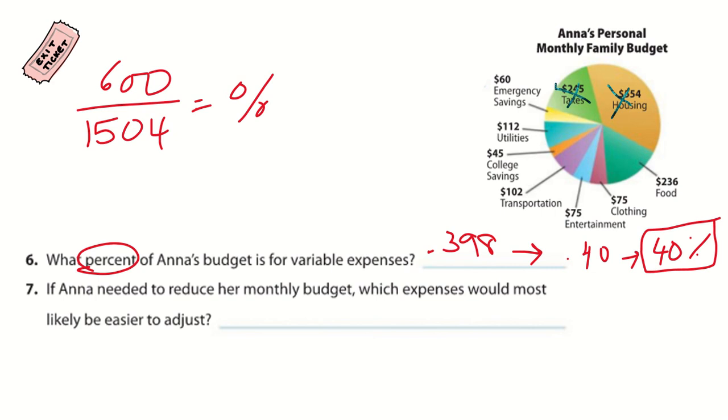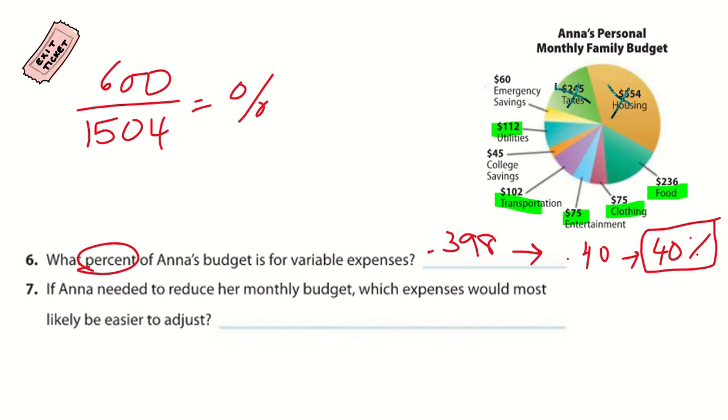So housing is really not one of those. Taxes, well, that's the government telling you what your taxes are, and you can't really change that too much. The things that are easiest to change are the variable expenses like food, clothing, entertainment, utilities, transportation. Of those variable expenses, which are the ones that are more in your control? Food, well, we have to use some logic here.